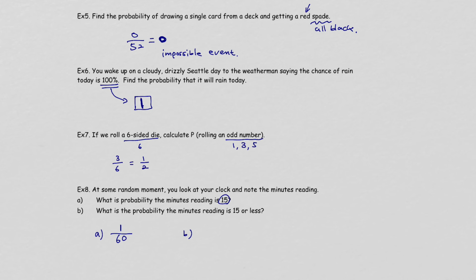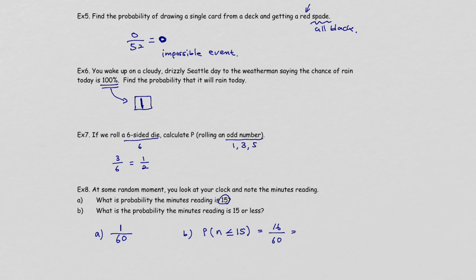What about the probability that the minute reading is 15 or less? So the probability of the minute being 15 or less is going to be 16 cases.